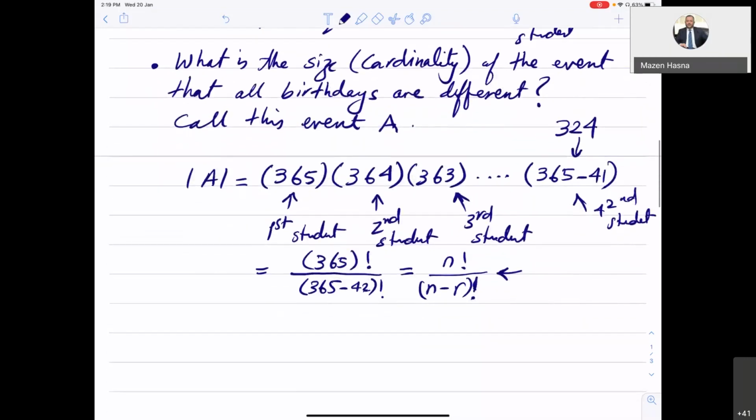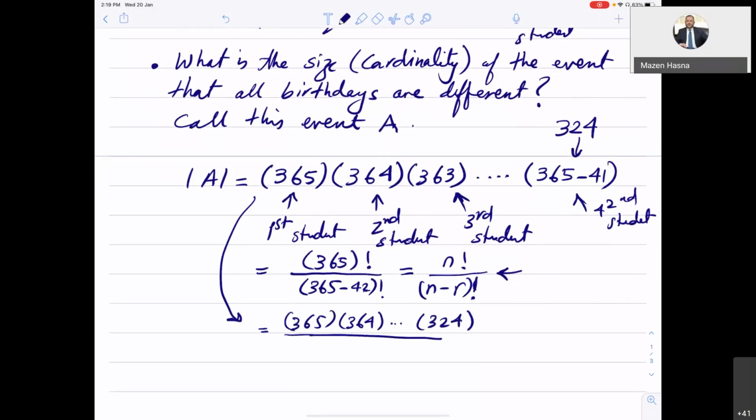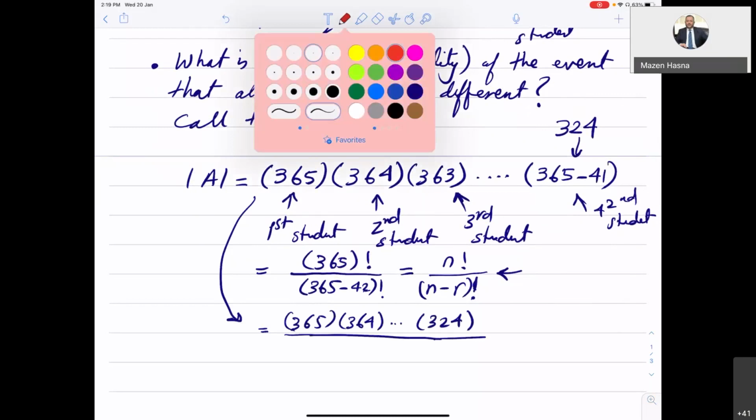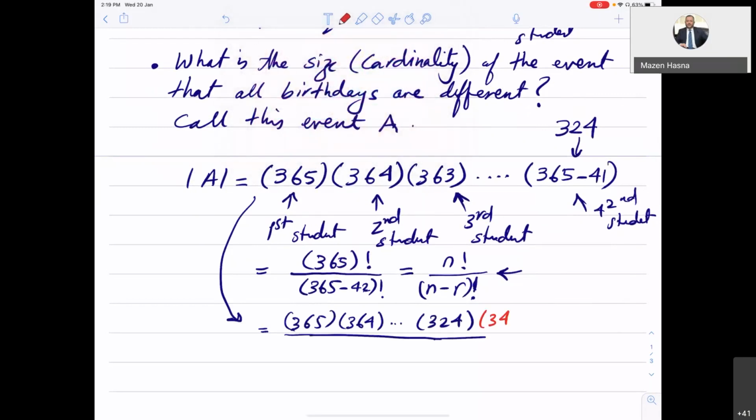So if you want to write it, so as not to get confused: this is 365 times 364 all the way times 324. If we want to cancel by colors, this is 365 times 364 times 323, 322, all the way to 1, and at the bottom I will have 323, 322, all the way to 1.